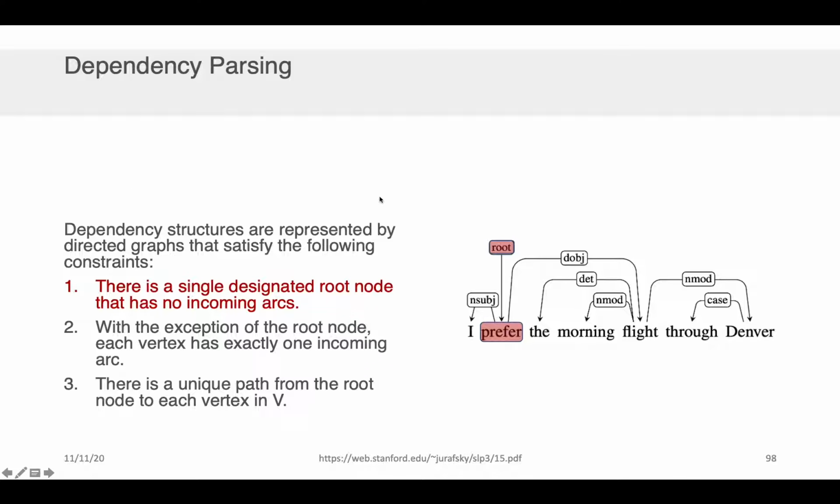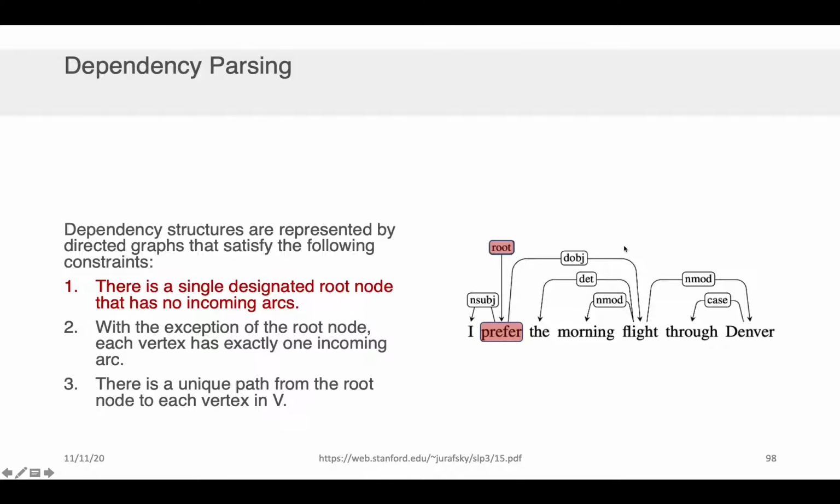Now, dependency structures are represented by directed graphs, and those directed graphs have to satisfy the following 3 constraints. First, there is a single designated root node that has no incoming arcs. This is the master word, the root word of the sentence.